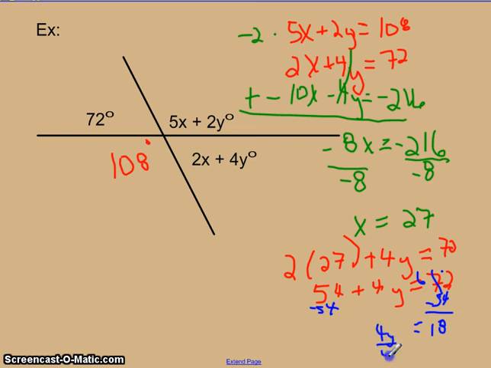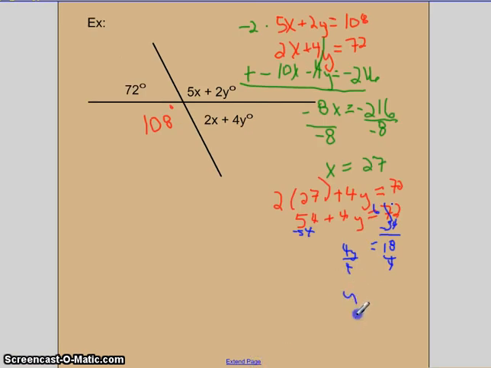So when I divide by 4, not going to turn out nice and neat on this one. Looks like it's going to be y is equal to 9/2. And that won't reduce any further, so I'm just going to leave it like that. So my x is 27, and my y is 9/2.